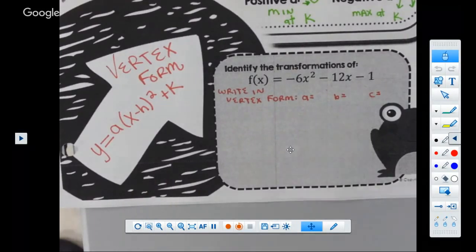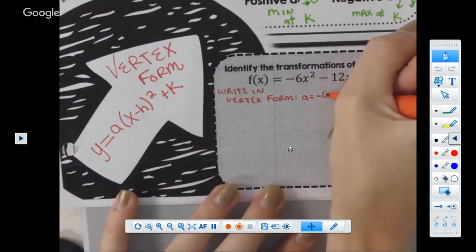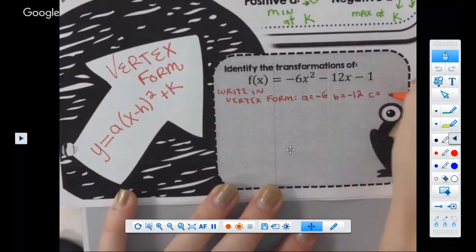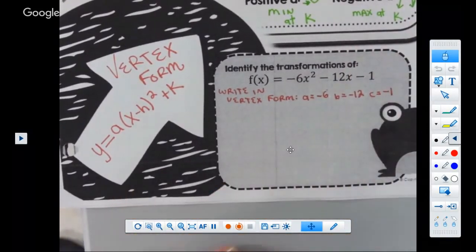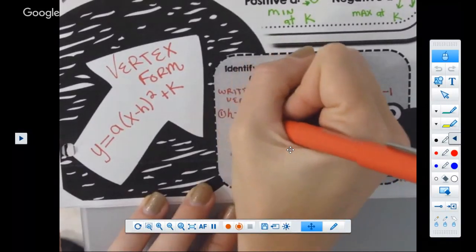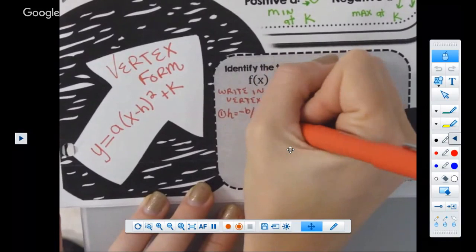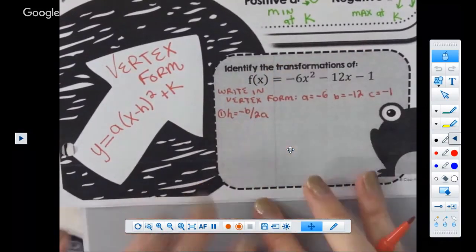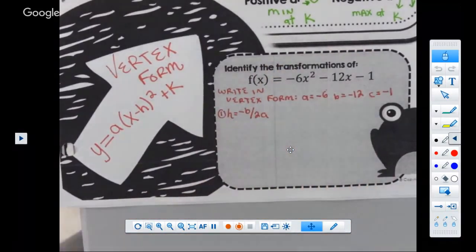So what do we think? What is A? Negative 6. What is B? Negative 12. What is C? Then we're going to find H by using negative B over 2A. So tell me what H is. Negative B over 2A.